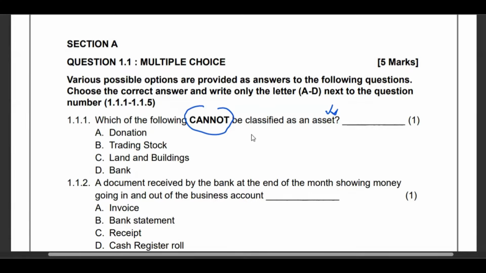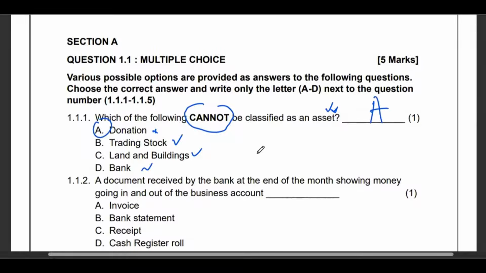So when you look at this donation, does that make sense? No. Yes, it brings in money, but you cannot rely on it over a period of time. Donation, yes, money is there, but it's more like a once-off thing. A trading stock, yes, can bring in money over a period of time. Land and building, yes. A bank, yes. So I'm going to take A out because it's not an asset.